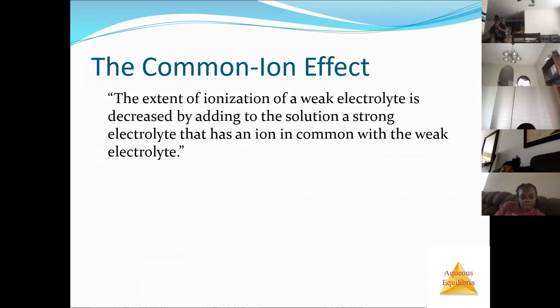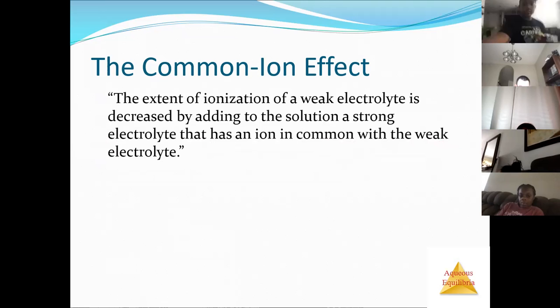So what I'm going to do is have an equilibrium reaction where I have a weak acid that's creating a conjugate base, and I'm going to add the common ion. My weak acid will produce a conjugate base. I'm going to add to that a salt of the conjugate base and see what happens to the pH.